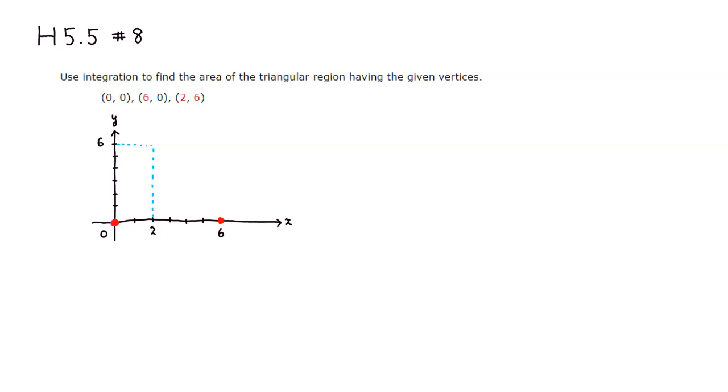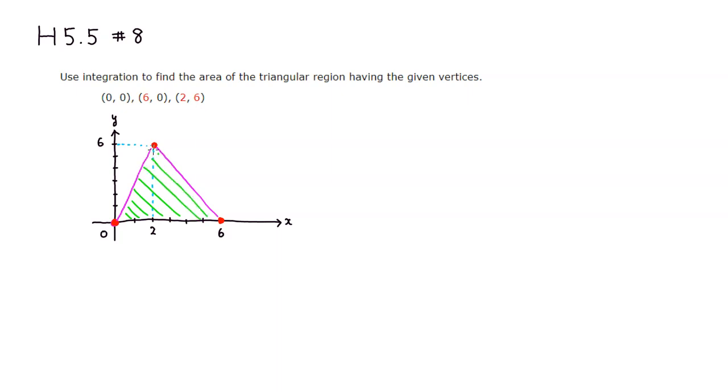So that's the third point. We connect them together like that and like that. And it's already there, so I'm going to just shade it. So this is the region, the triangular region, we're talking about.